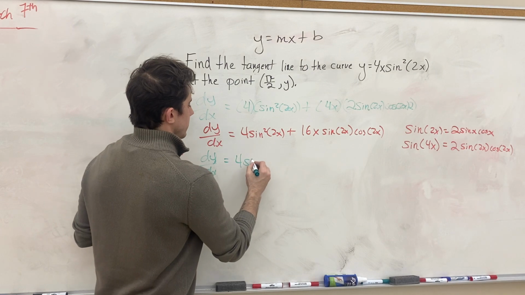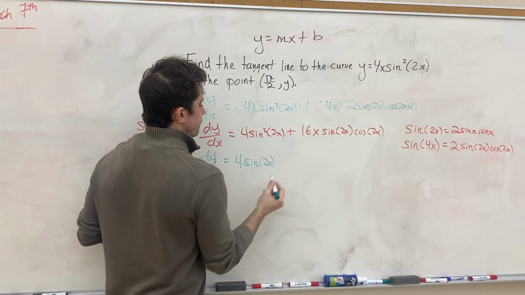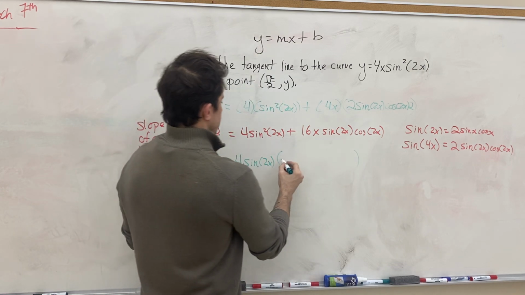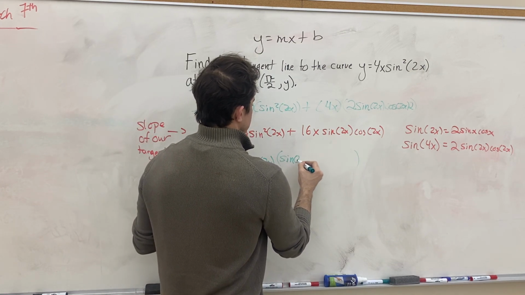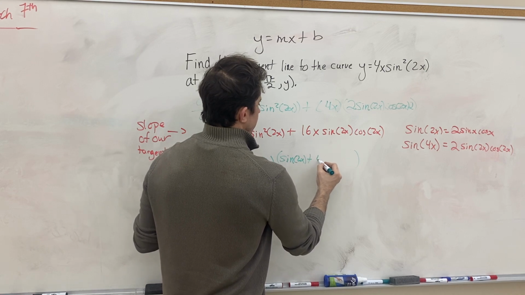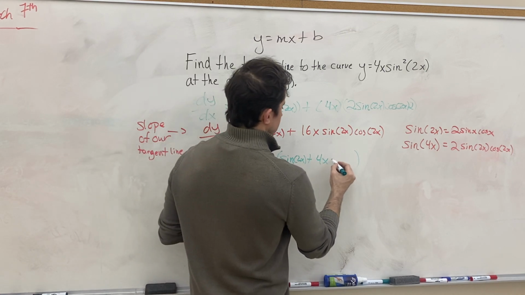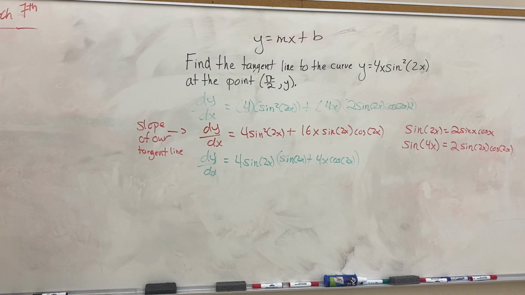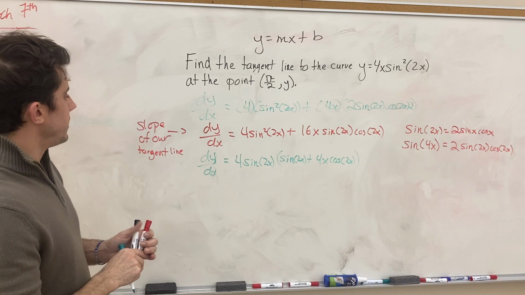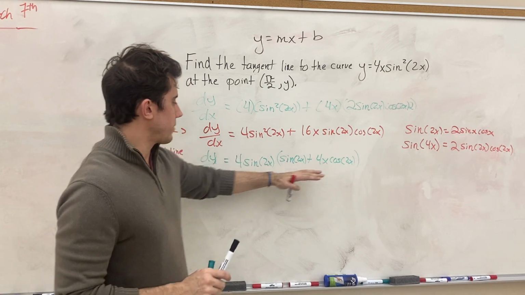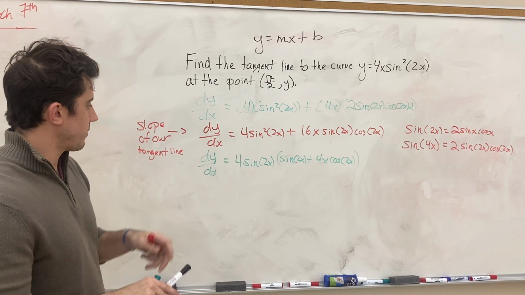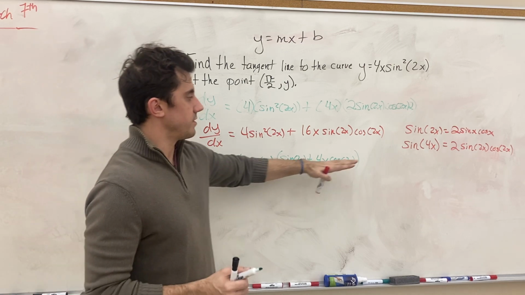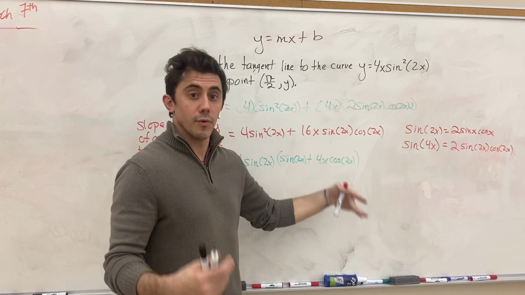So we have 4 sine 2x times sine 2x plus 4x times cos of 2x, right? That might make our lives a little bit easier. Now we have our dy dx, our general equation to get the slope of the tangent line to the curve at any specific point.